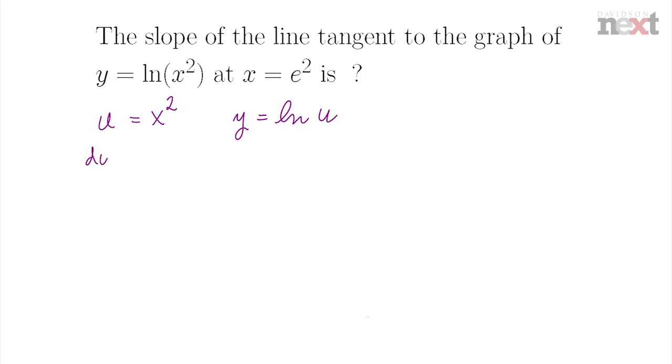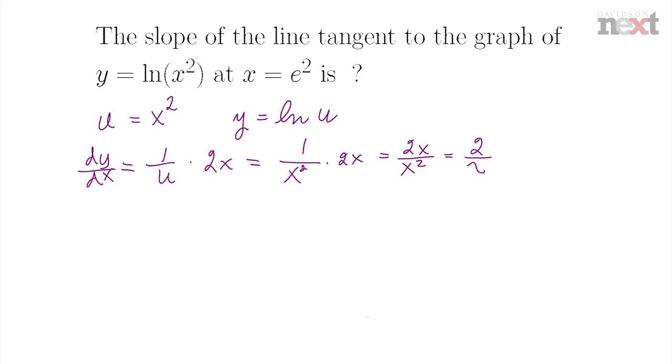So dy dx is equal to the derivative of y with respect to u, which is 1 over u, times the derivative of u with respect to x, which is 2x. Replacing u with what it's equal to, 1 over x squared times 2x, which is 2x over x squared, which is 2 over x.